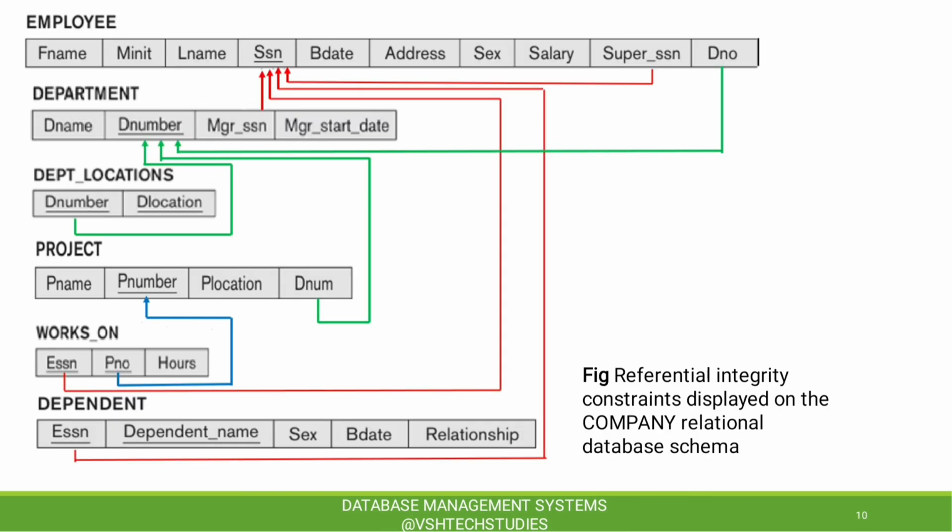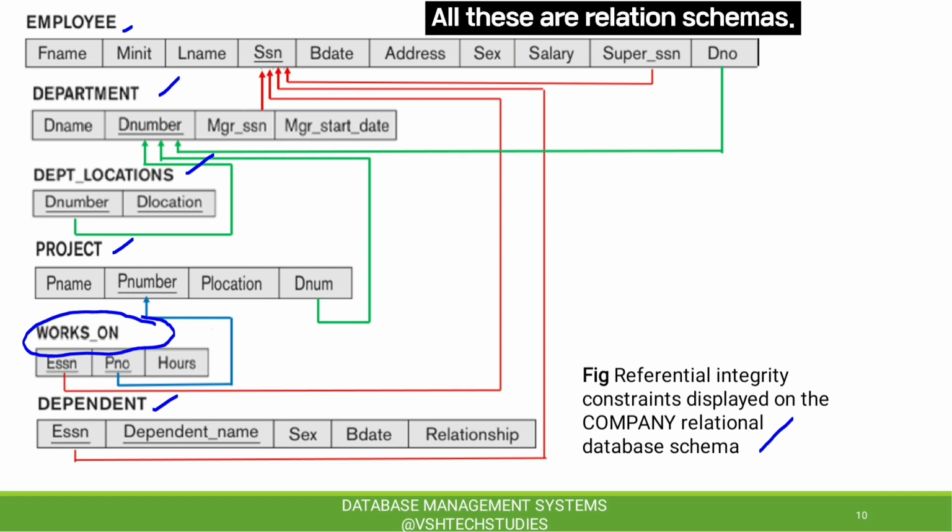That was the ER diagram of the company database. This is the relational schema diagram of the company database. It shows here the employee relation, department locations relation, project relation, dependent relation, and this is the works on relation, which resulted from a relationship. So entities are converted to relations in the relational data model.